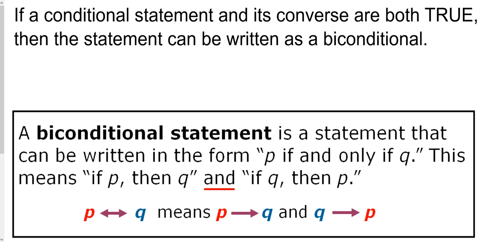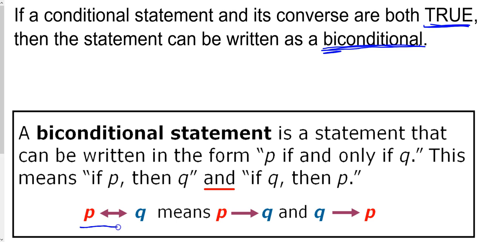If a conditional statement and its converse are both true, so both have a truth value of true, then the statement can be written as a biconditional. Biconditional, remember bi means two, so biconditional goes two ways.